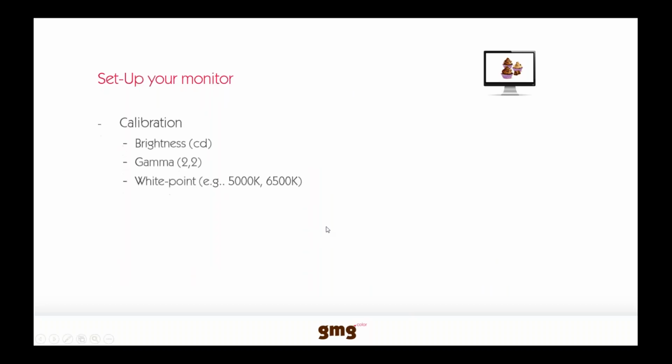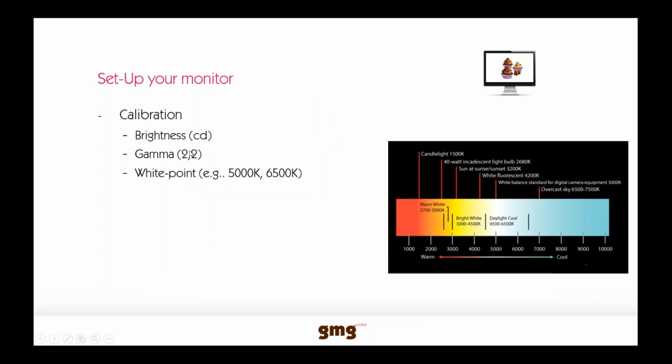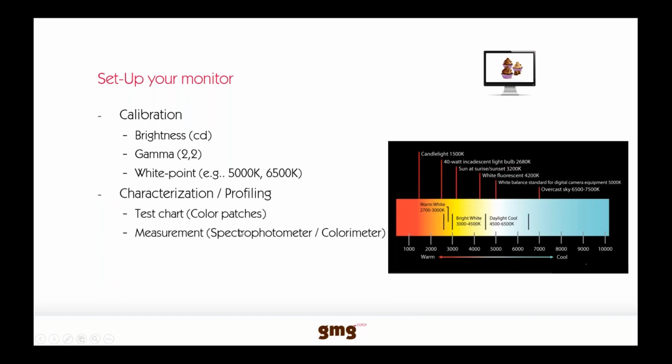As said, calibration is important. Of course, which color you have, brightness, gamma value, and a white point. But I will go quickly through this. And of course, when you characterize your monitor, then a test chart will be displayed, but we will also see that from ISO in some minutes.